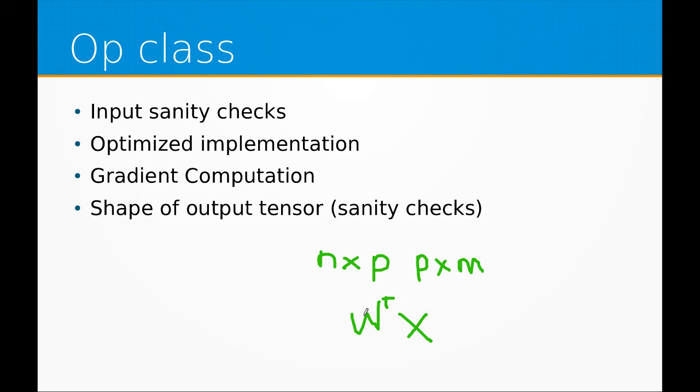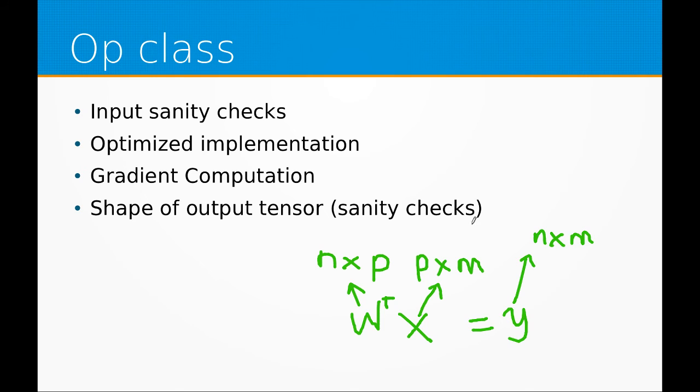Let's say x is p times m, and w transpose is n times p. Now, without actually computing the product, if this is y, I can say that it would be n times m.